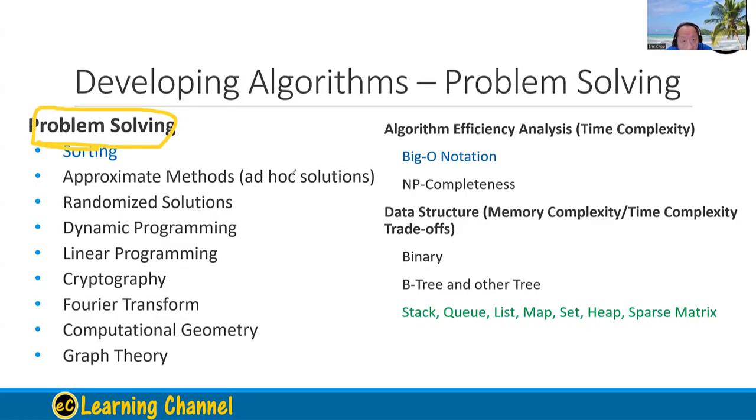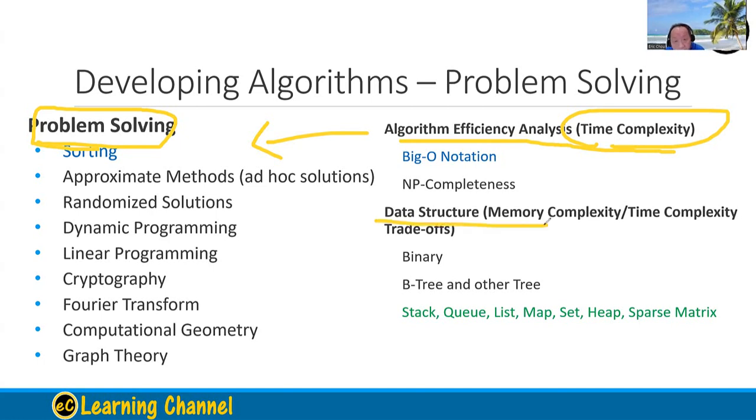But after you know how to solve the problem, you also need to study the algorithm's efficiency. So you need to analyze the time complexity and memory complexity. So you need to study the data structure and also the time complexity, big O notation, NP completeness, and trees, whatever these different structures.